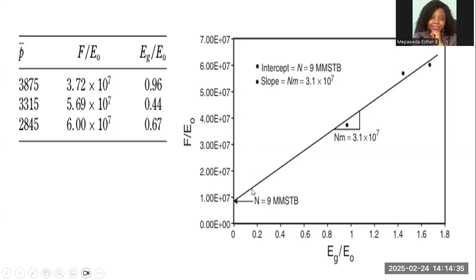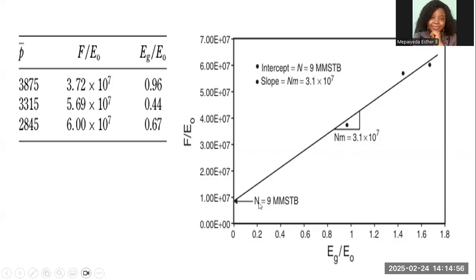Note that the plot does not go through the origin. Like in other cases for a gas cap reservoir, when you are estimating your M and your N and they are not given, your plot has an intercept on the y-axis.